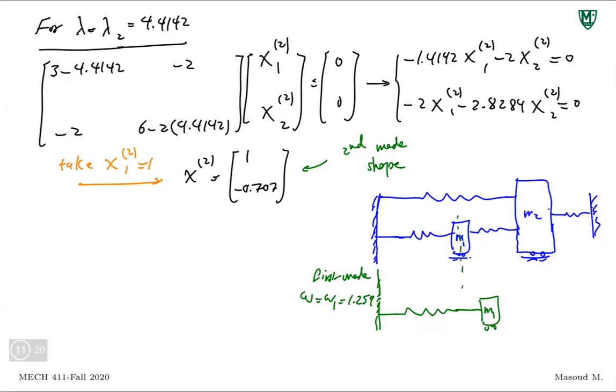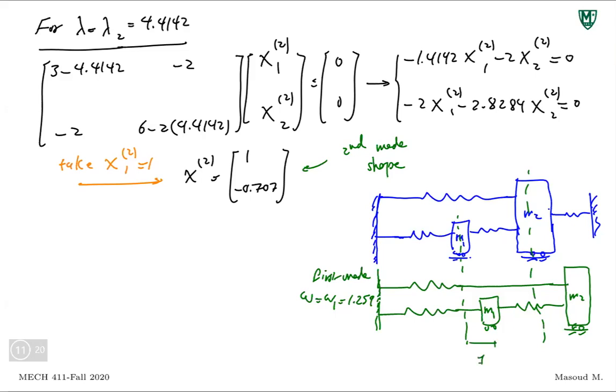If this is the equilibrium, and this is also the equilibrium, and this goes all the way to here, and then draw it right here, M2. If this moves 1 unit, I don't think I follow the correct scale, this should move 0.707. Should always keep that ratio.